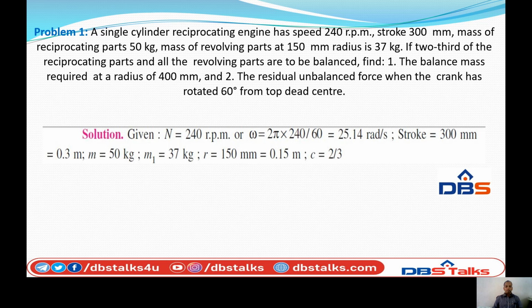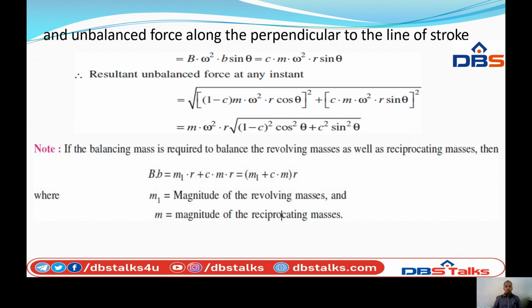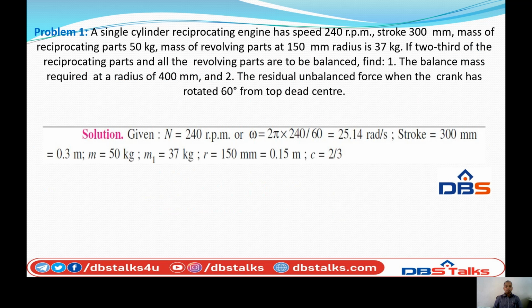In the previous formula, small m is the reciprocating mass and small m1 is the magnitude of revolving masses. So here also we substitute small m is 50 kg and m1 is 37 kg, and the radius of rotation of the revolving parts is 150 mm, that is 0.15 meter.